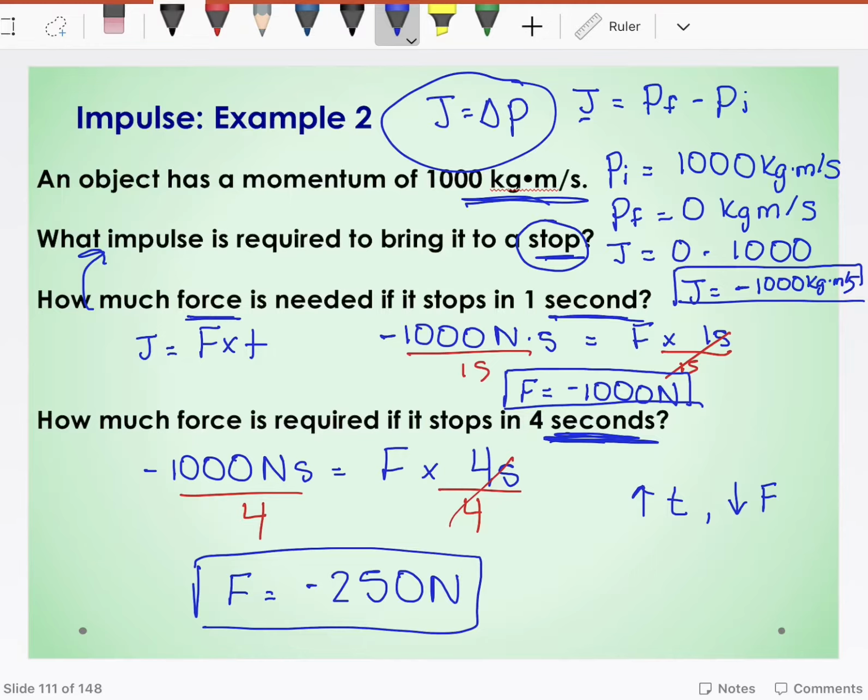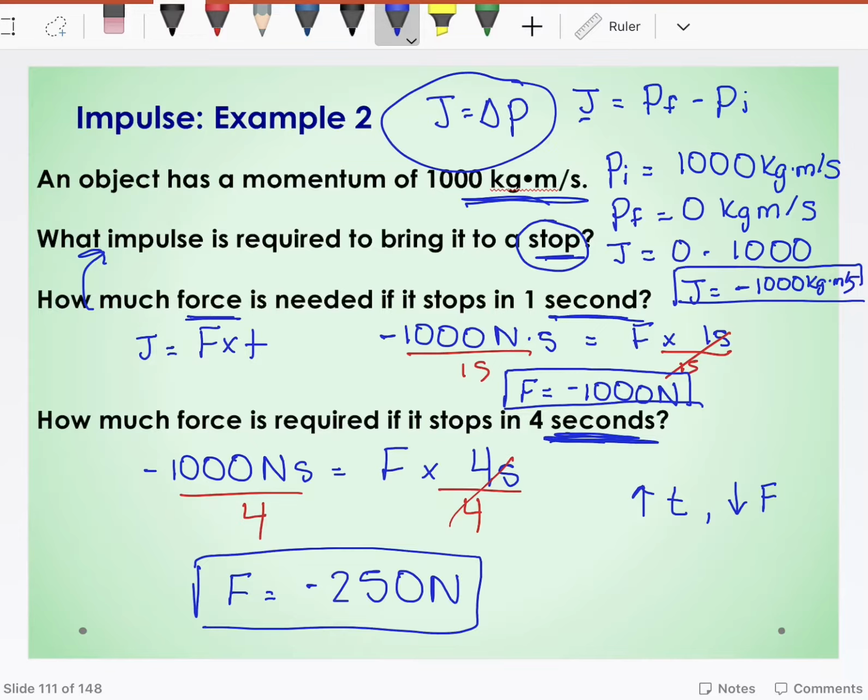So this is an important concept with impulse, and we use this in sports, and we use this in safety equipment. The impulse to the object actually cannot change, right? If an object is moving and it has an initial velocity, and let's say it's going to be stopped eventually, no matter how you get that change in momentum, the impulse will always be the same.